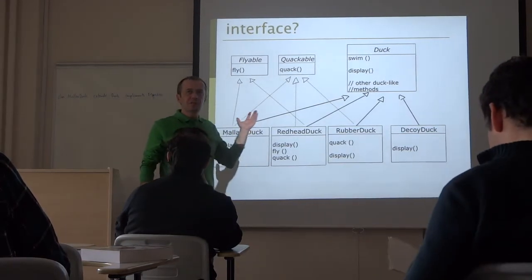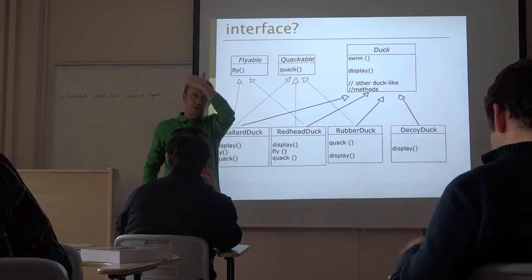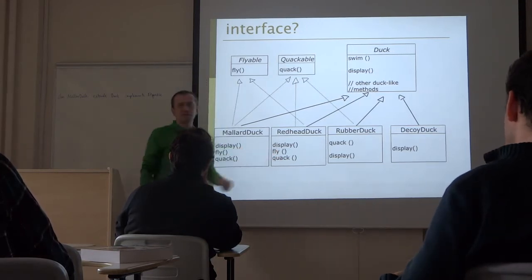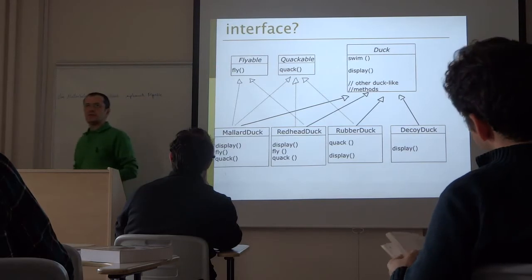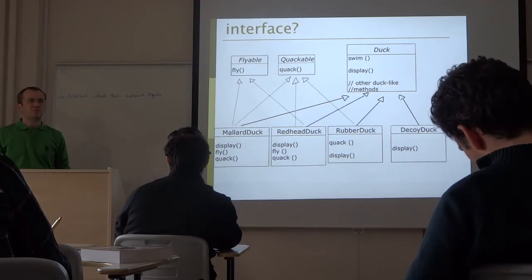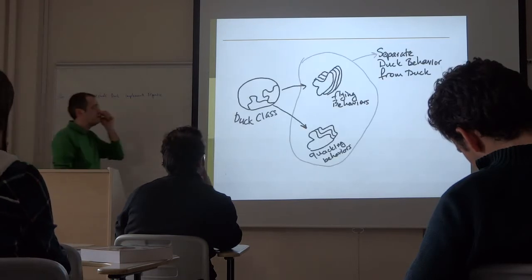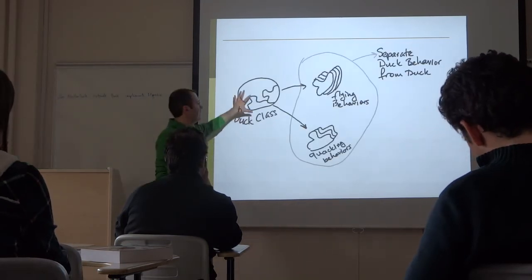So, well, is this solving my problem? No. No, because again, I need to repeat. Right? So what I need to do is this, that I have a duck class.